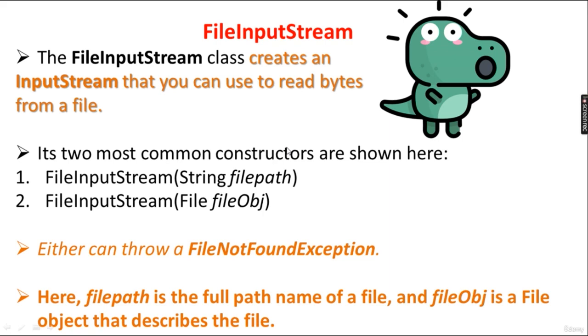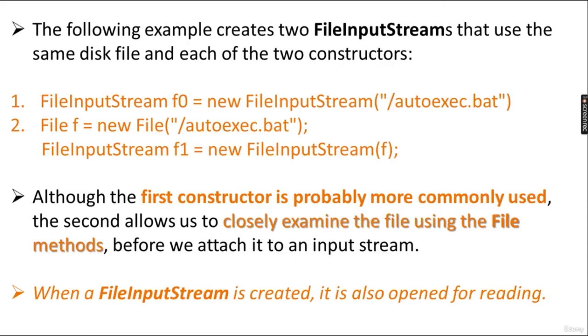Its two most common constructors are file input stream with a file path as a parameter, and file input stream with a file object as a parameter. Either can throw file not found exception if the file you have to read does not exist.